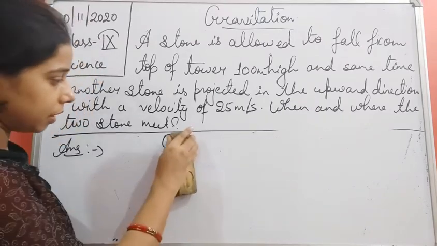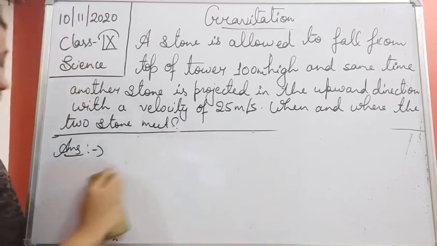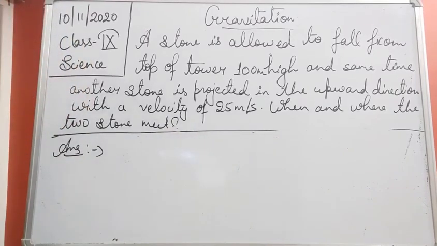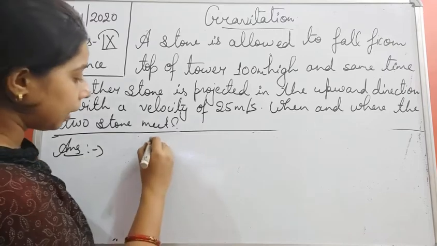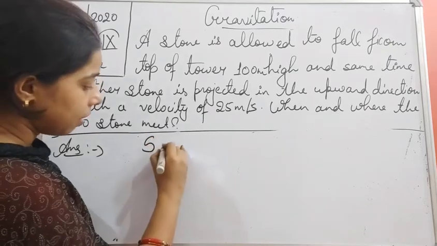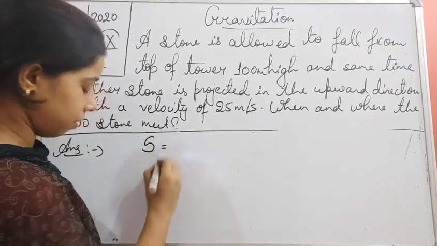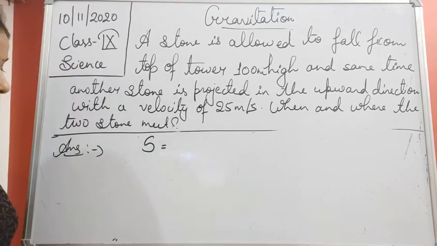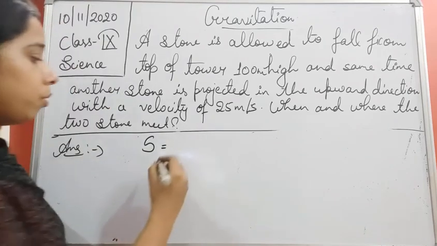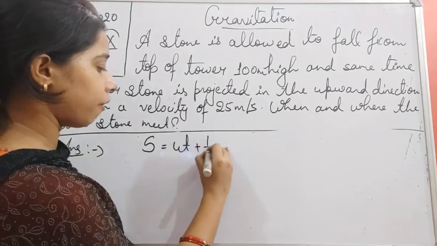So we can write here, in such a case, distance we are taking already as S, that will be equal to UT plus half GT square.